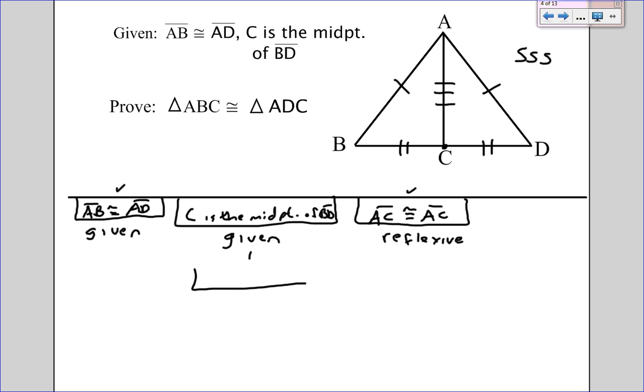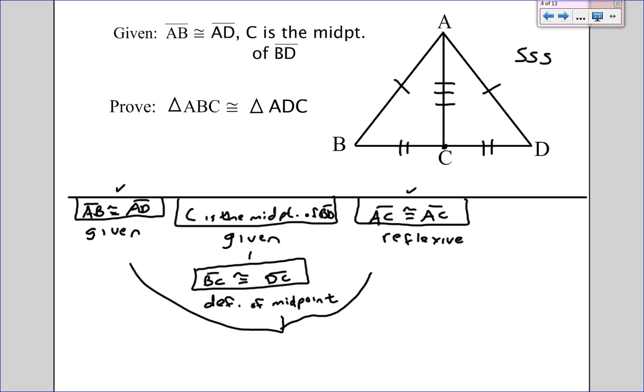So I'm going to use the midpoint to get my third one here. BC is congruent to DC. And that's by definition of midpoint. And now I have my third congruent statement, so I can join the three together. Just copy the last box: triangle ABC is congruent to triangle ADC by side, side, side.